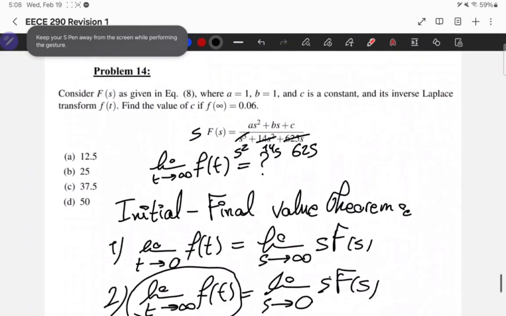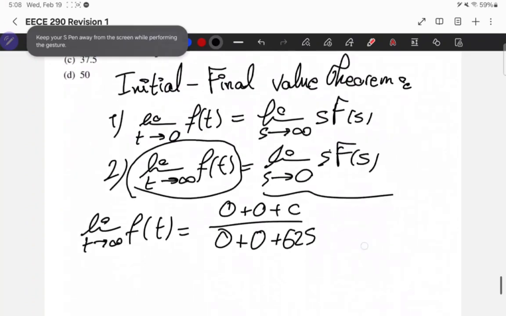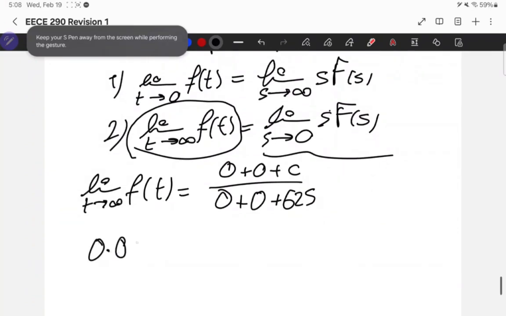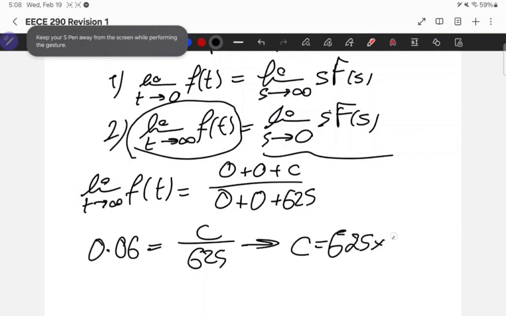Now they told me that the limit is 0.06, so 0.06 is equal to c over 625. So c is equal to 625 times 0.06, which is 37.5.